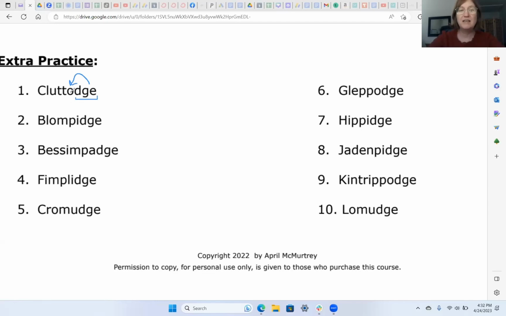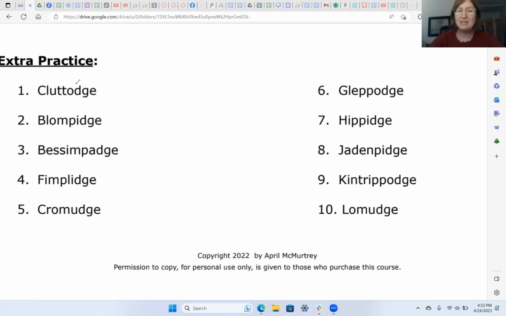So that O is going to say ah, that I is going to say I, that A is going to say ah, E would say eh. So a DGE, as a little reading hack, a fun fact, will only come after a short vowel sound. So it will help when you are decoding an unknown word. You automatically know what that vowel is going to say if there's a DGE after it.